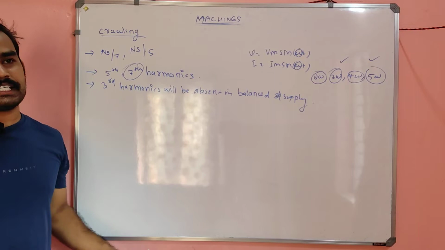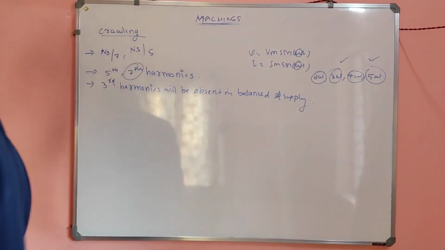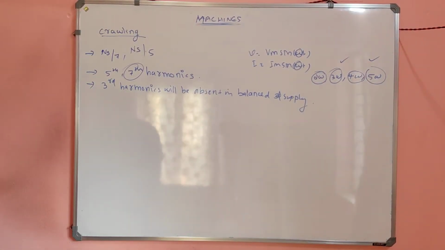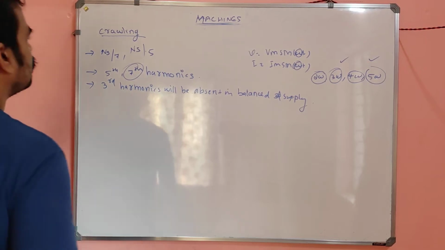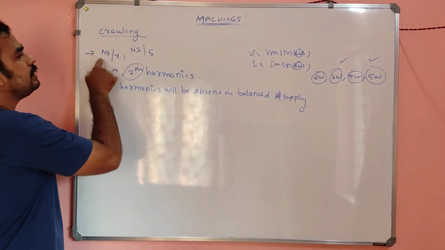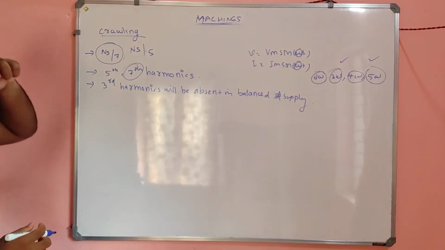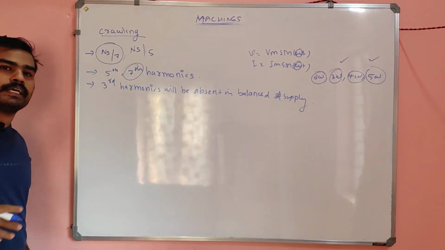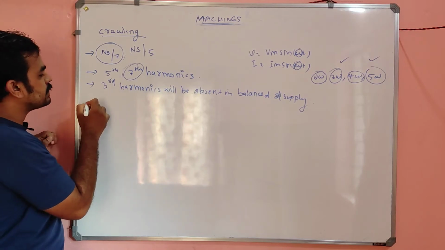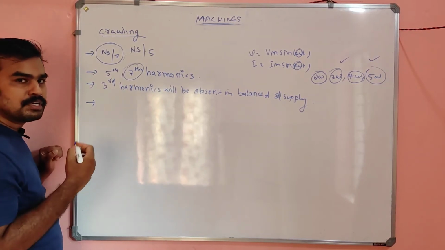Literally, crawling is the nature of the induction motor to run mainly at this ns/7 speed, which is called crawling. And these harmonics have certain characteristics.